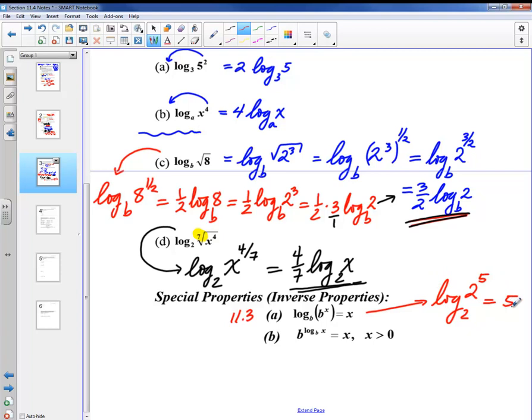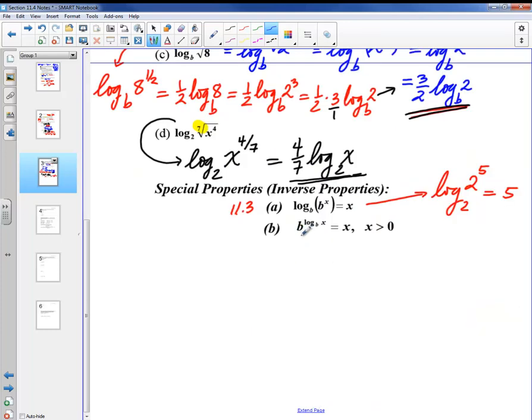Now in this one, the opposite happens. You have b raised to log base b of x, but notice that you still get x back. And so the reason for that is because raising a base to an exponent will be the reverse of taking the log of the same base.